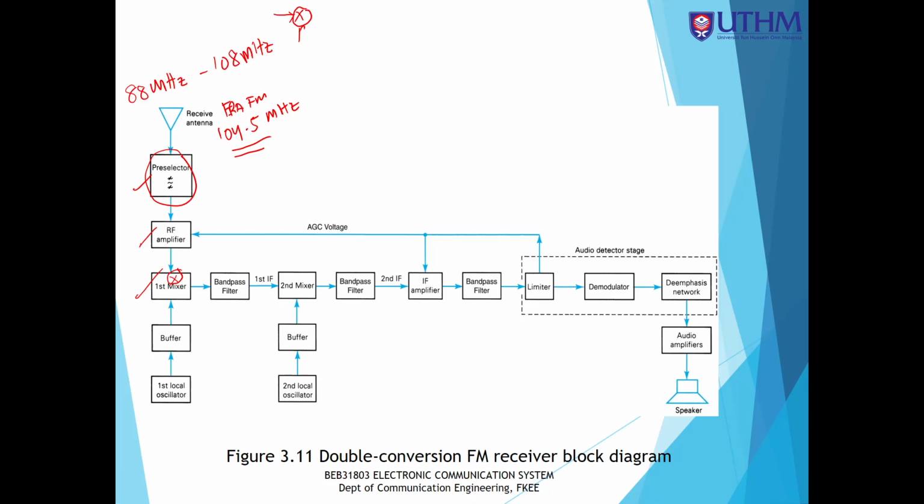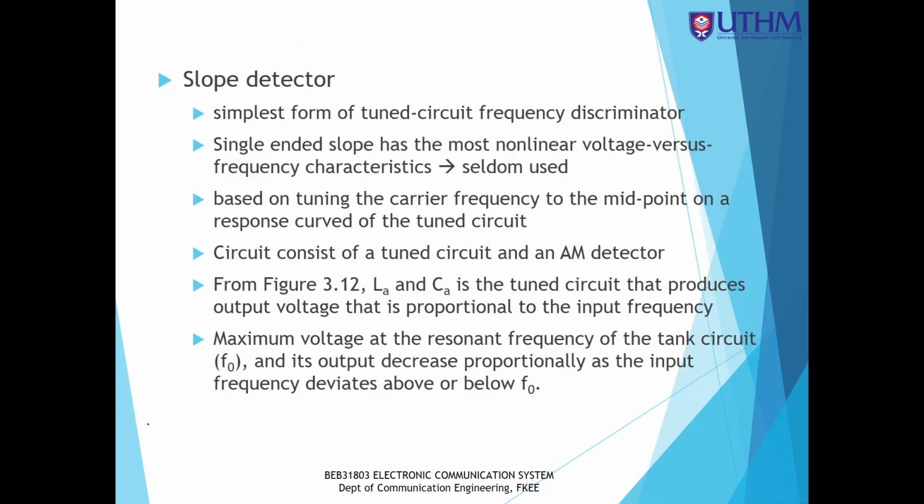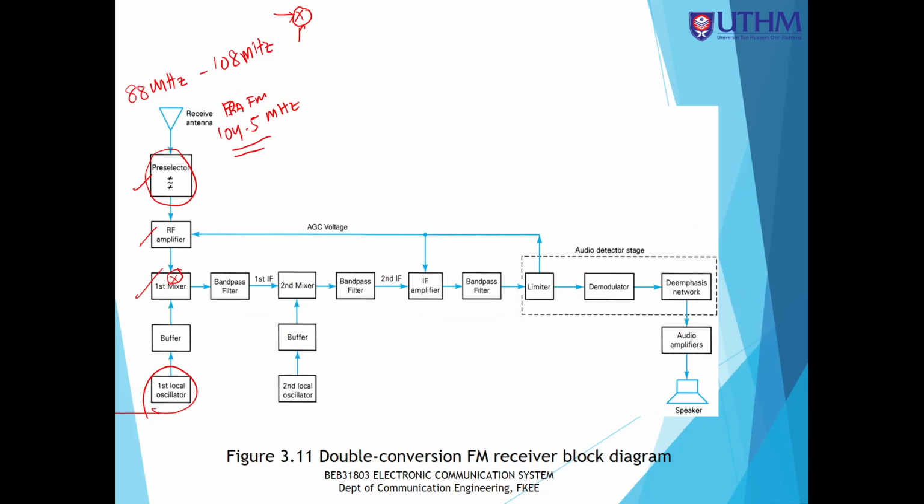One input is from the local oscillator, and another input is from the input signal. As we learned in the previous slides, the process would be either a high side injection or a low side injection.